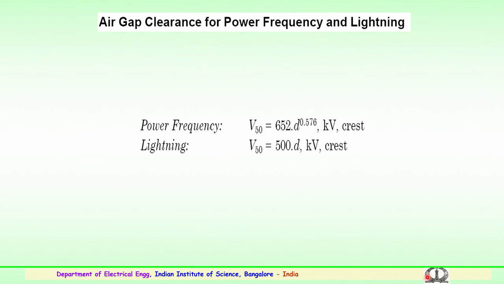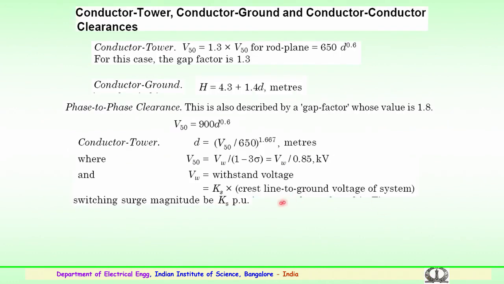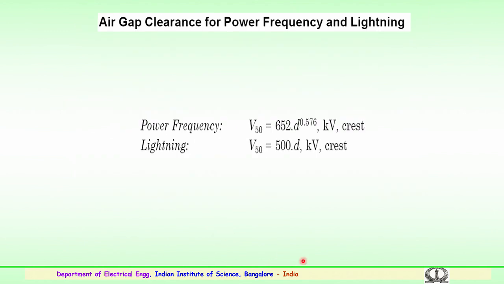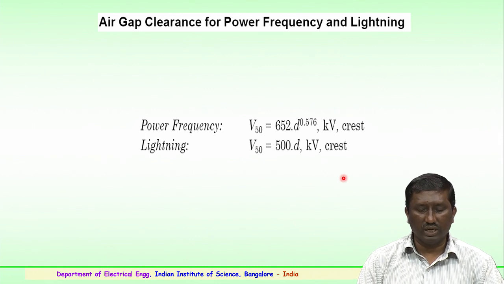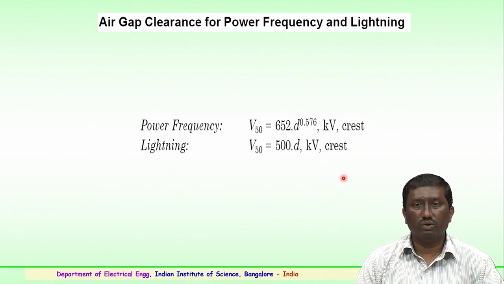So, what is the air gap which is required to be maintained? That was for the switching surges; these formulae are for the switching surges. For the case of power frequency and lightning aspects, the minimum clearance to be adhered to for power frequency is V50 equal to 652 into D to the power of 0.576 kV crest, which is the peak, and for lightning it is V50 equal to 500 D kilovolts peak.